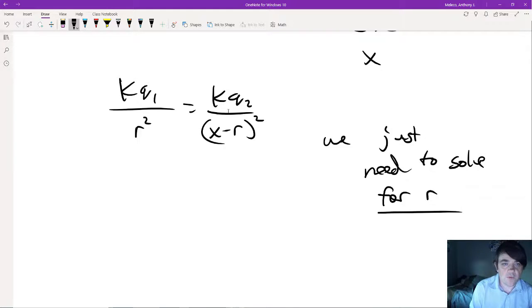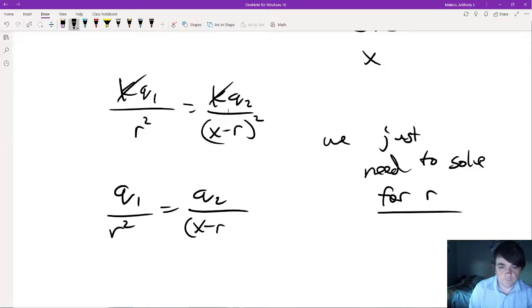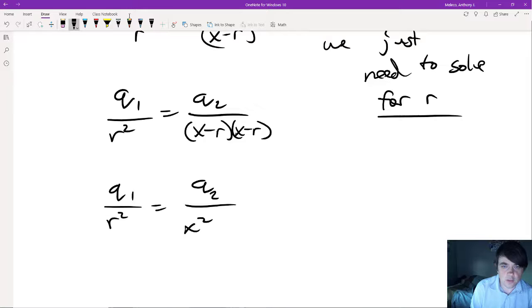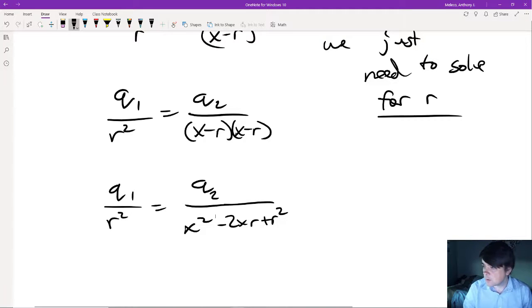Okay. So k is the same. We can cancel k. So now we've got this r squared and then q2. And I'm going to go ahead and expand this. So it'd be q1 over r squared equals q2 over x minus r squared.